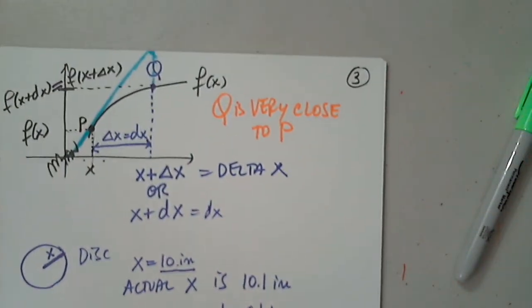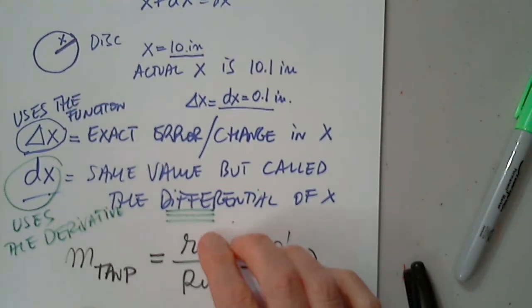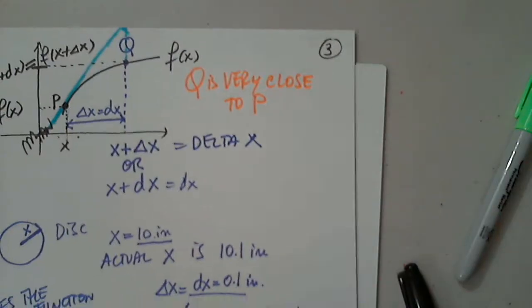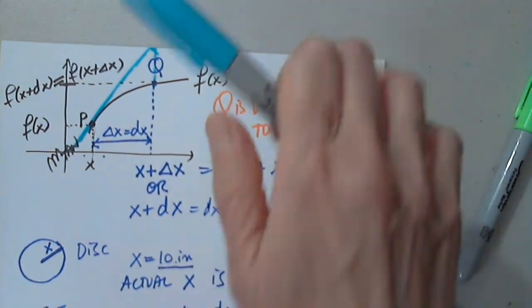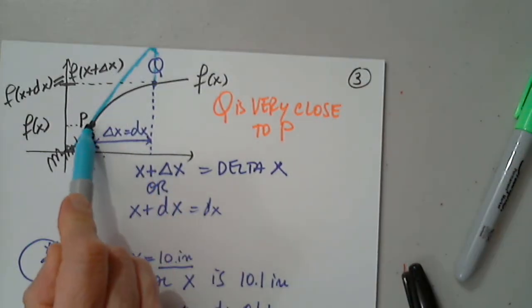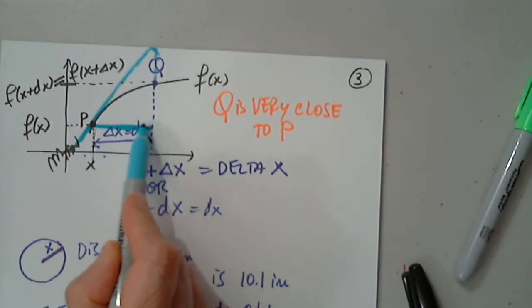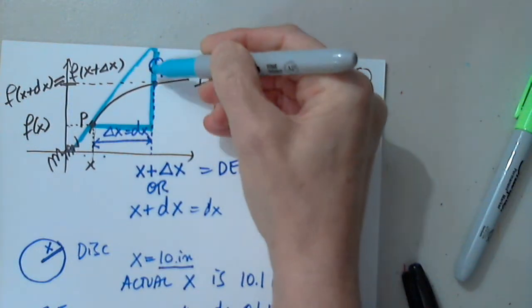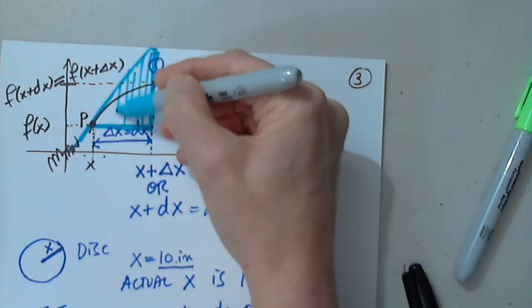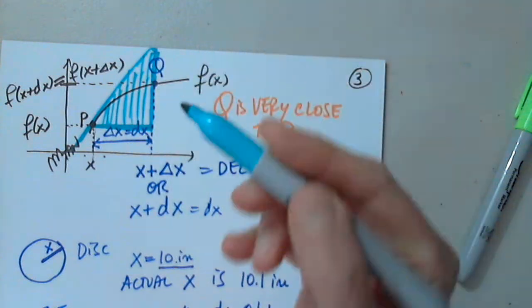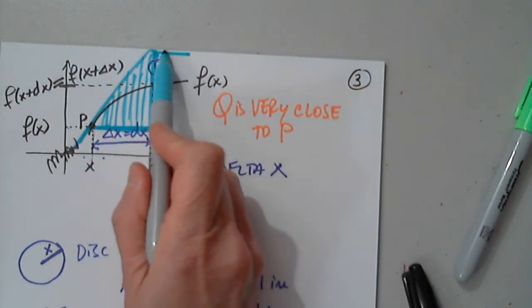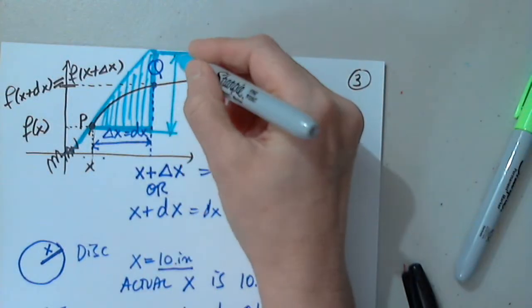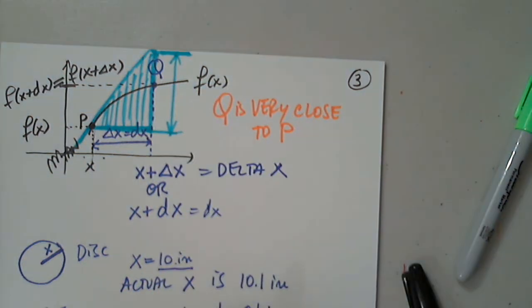Good. So now I'm also going to use the rise over run. I'm going to create this right triangle. And here's the rise, and you'll tell me in a moment what it is.